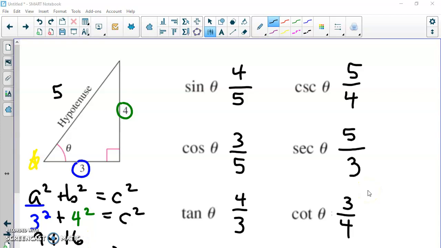So just remember that square root rules apply. So if this, instead of being 5, would say the square root of 10, your sine would be 4 over root 10, then you just need to rationalize and have it be 4 root 10 over 10, and then you could simplify. All right, we'll do more of them in class next time.